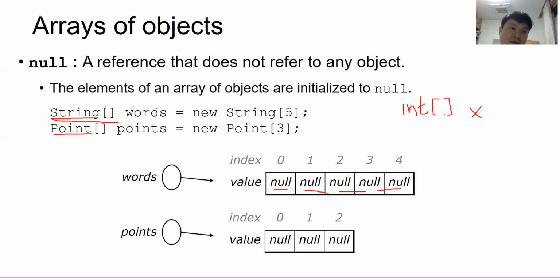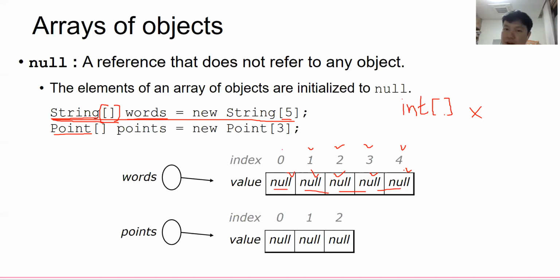So if you have an array of strings, an array of words, let's say I just put 5 as the size. So it means 0, 1, 2, 3, 4. When you create this, all will be null. What is the meaning of null? Null is empty. It's not 0.